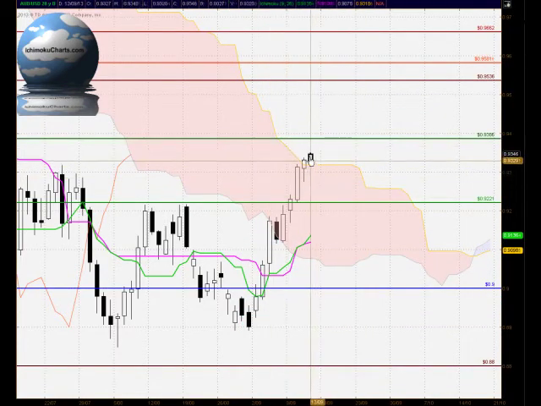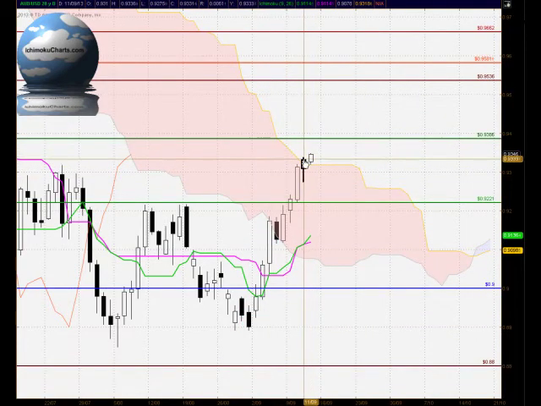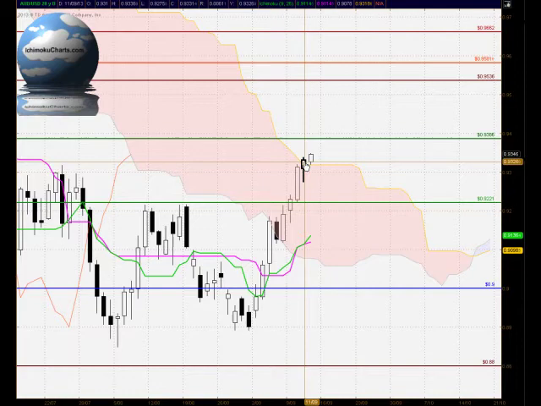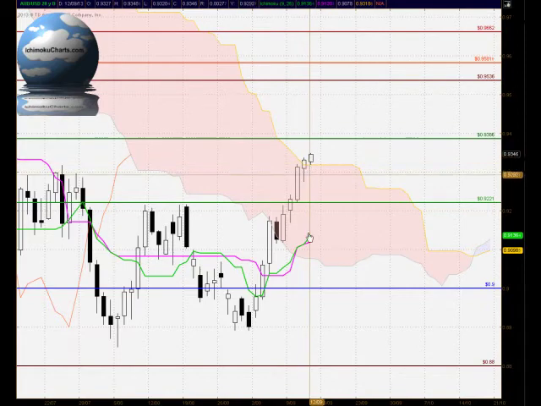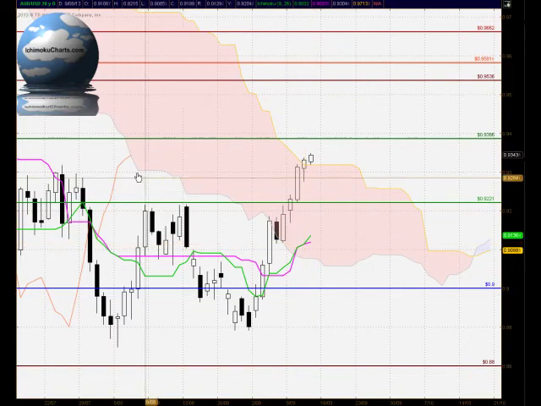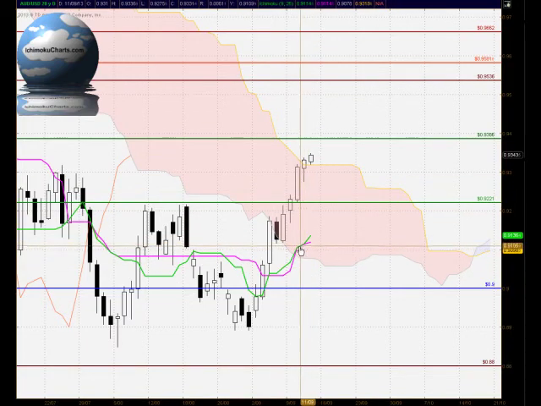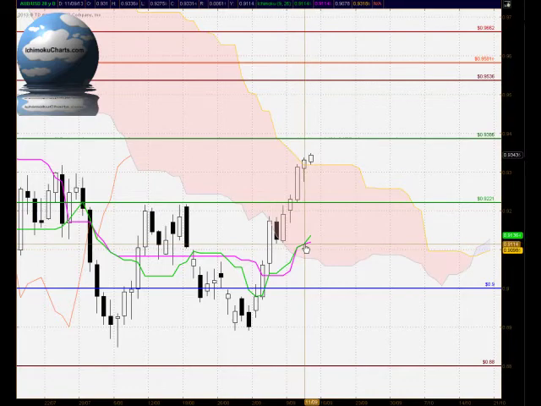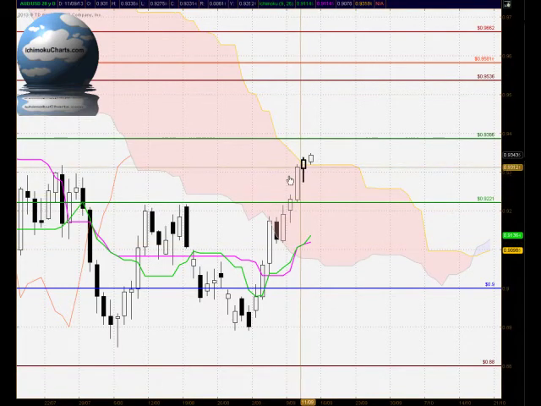Now, in terms of Ichimoku, obviously a bullish market in all three time frames, and I've mentioned the bullish breakout up above the cloud, giving us a buy signal in terms of Ichimoku. We have the market also trading above the Kijun Sen and the Tenkan Sen, so we have a bullish market in the medium term and fast term time frames, and both of those indicators are pointing up and reflecting the solid upside momentum in this market.